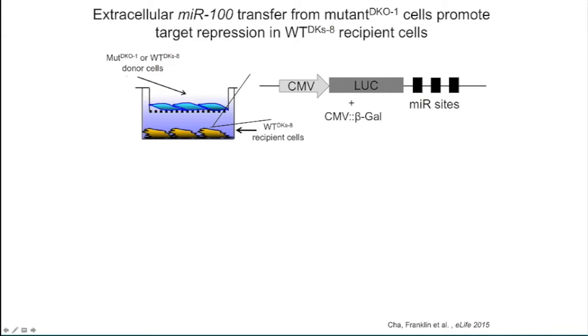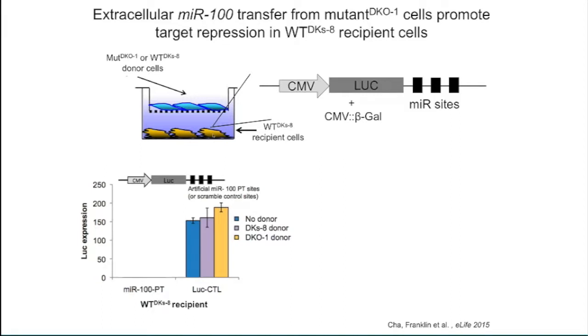And the first set of experiments used a luciferase reporter that had known microRNA sites. So if we're using mutant KRAS cells, we're going to put miR100 sites downstream of luciferase. We're going to see if miR100 goes from the mutant cells, donor cells, to the wild-type recipient cells, matching what we found in the RNA-seq data.